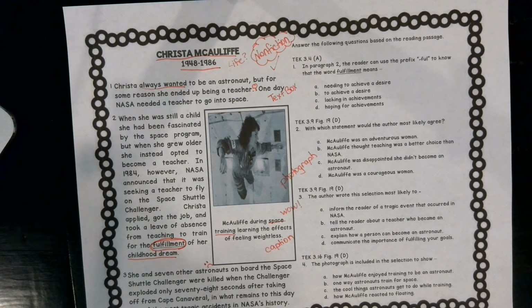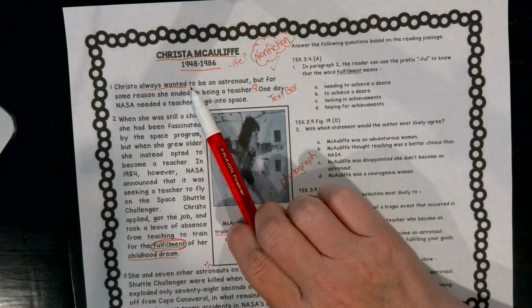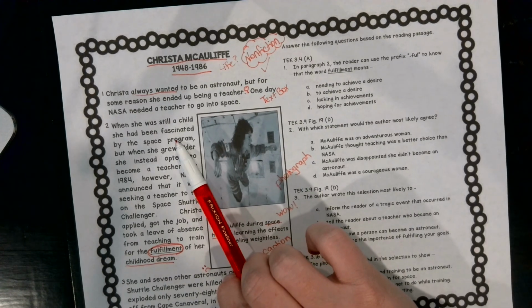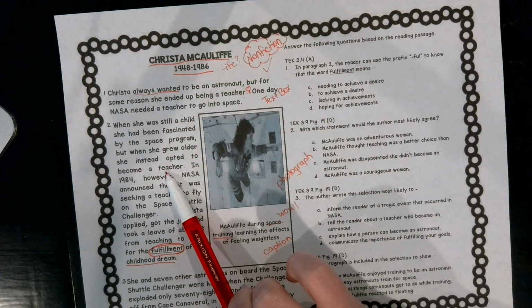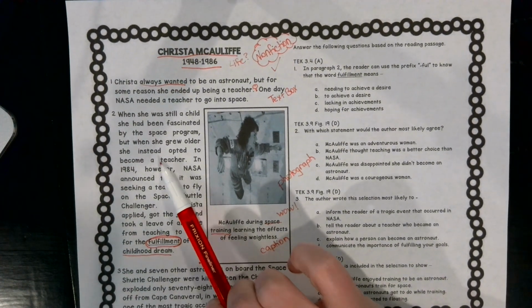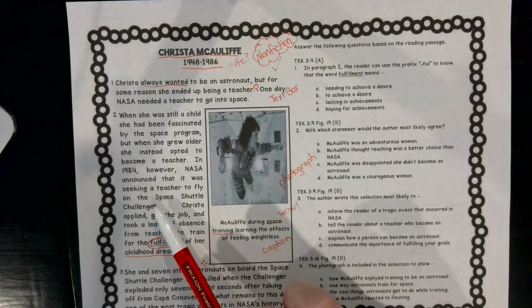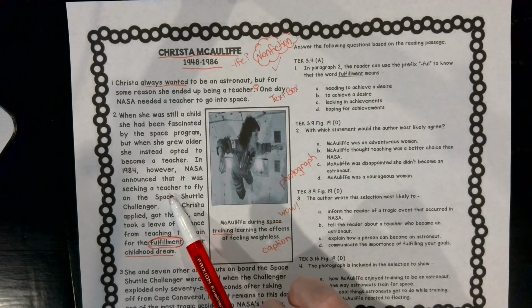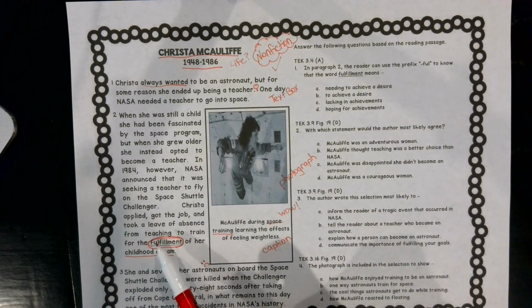What was most important? So, we learned that Krista always wanted to be an astronaut, that she wanted to be in the space program, but she decided to become a teacher. But later, whenever they announced that they had a different program available, they were looking for a teacher to fly on the Spaceship Challenger, she decided that was the perfect time to do her childhood dream.